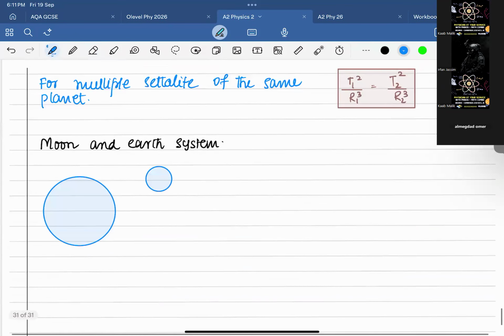Okay, so the Moon and the Earth system, and the separation between the Moon and the Earth is, let's say, r.